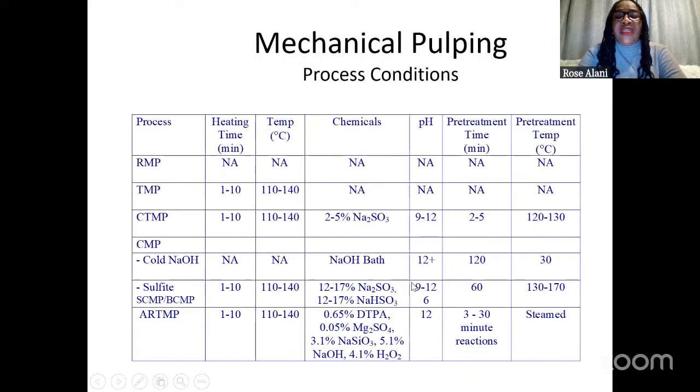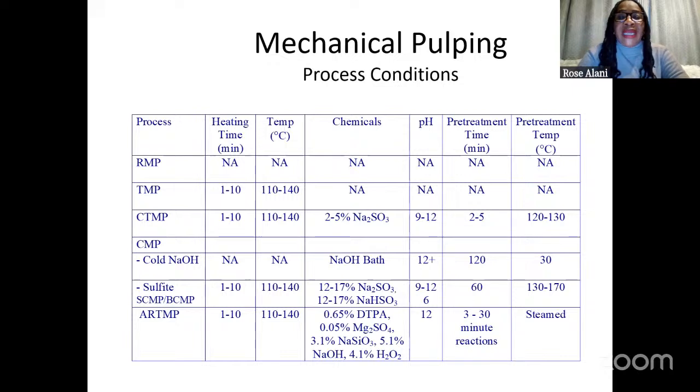So these are the different methods. We have the refiner mechanical pulping, thermomechanical pulping, chemi-thermomechanical pulping, chemi-mechanical pulping. So you see the differences between them here.